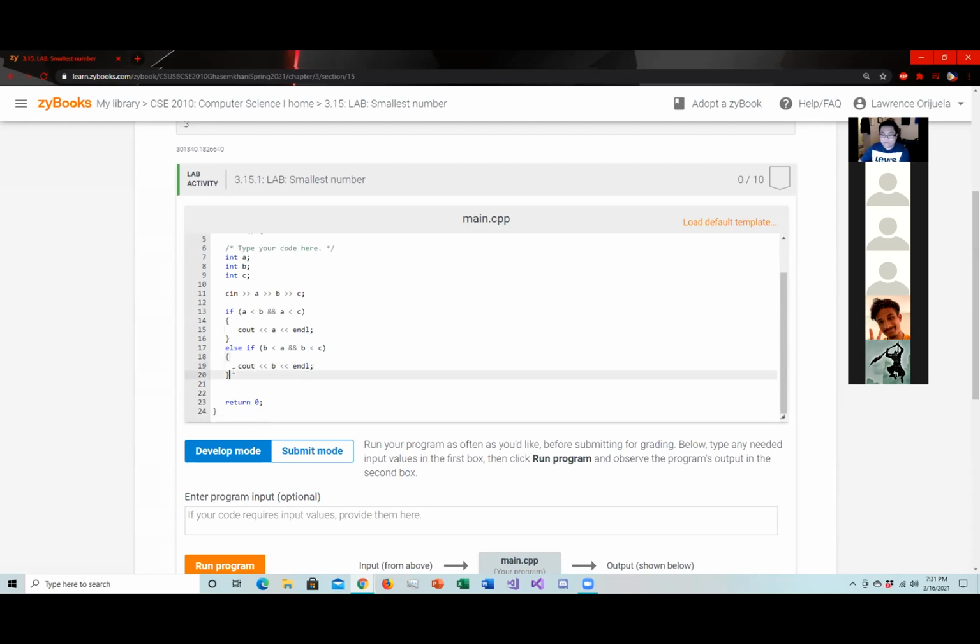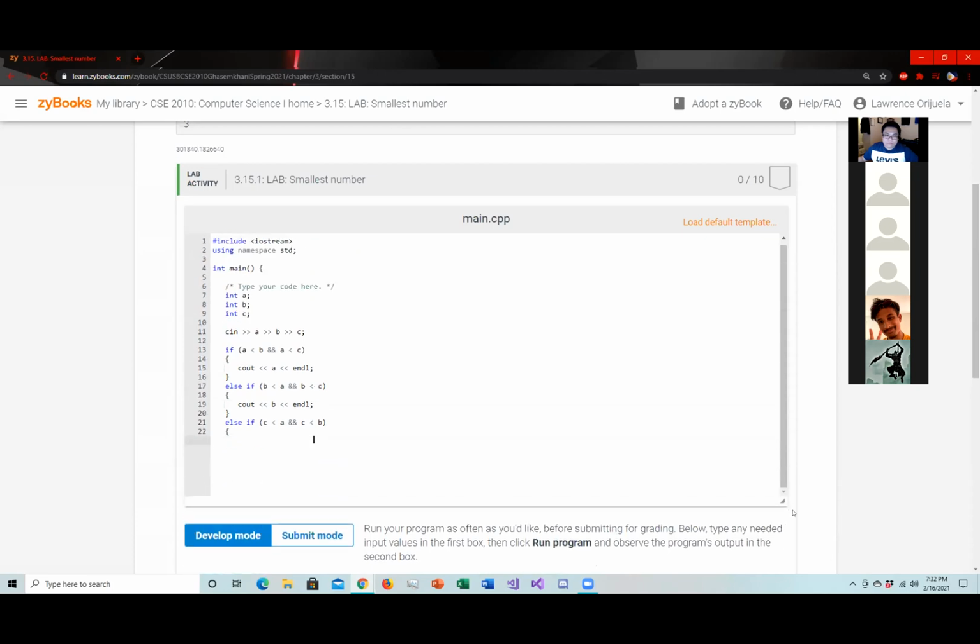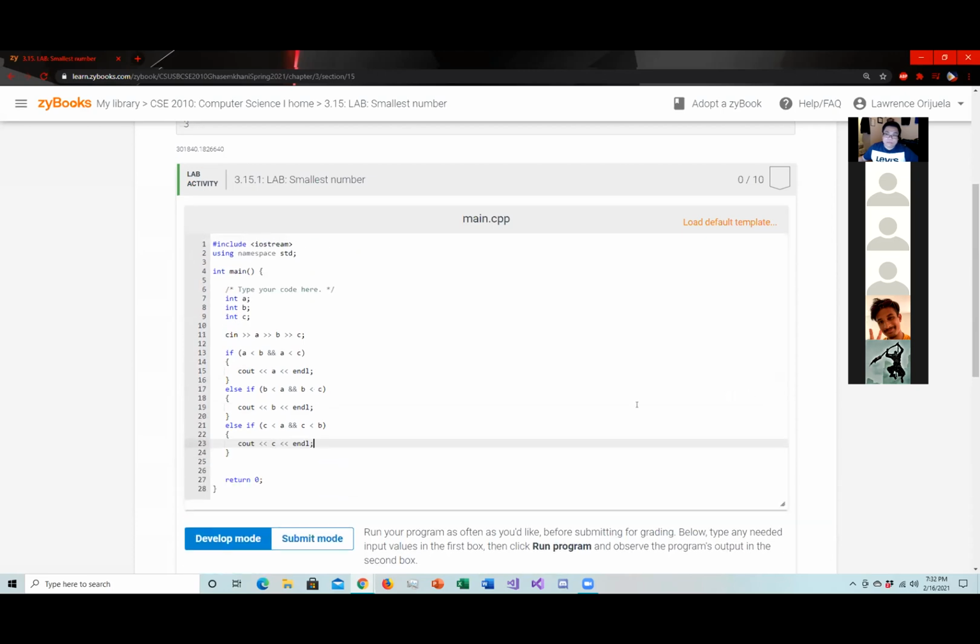And then lastly, if C was the lowest, so if C was less than A and C was less than B, then we would output C, right? And then that would be it.